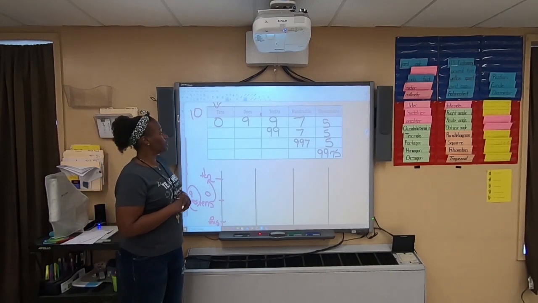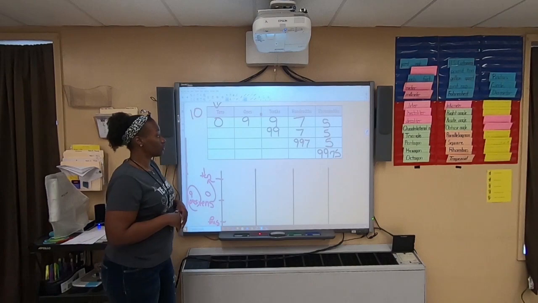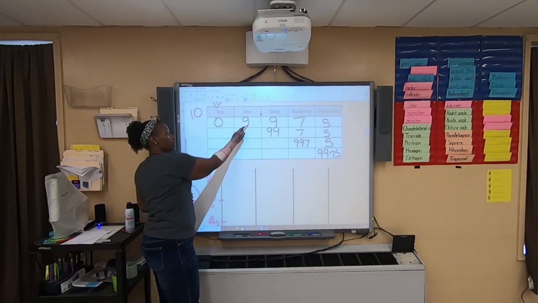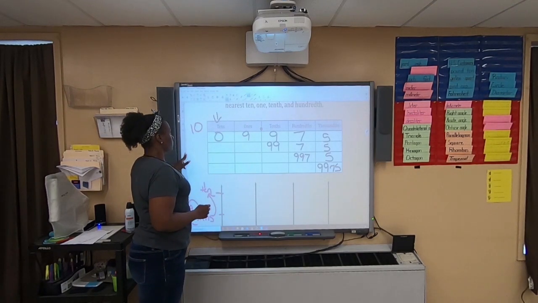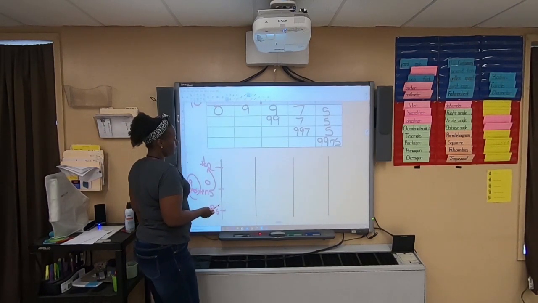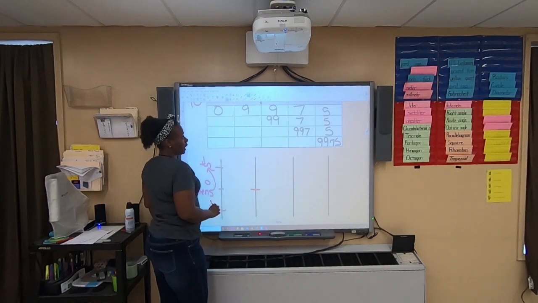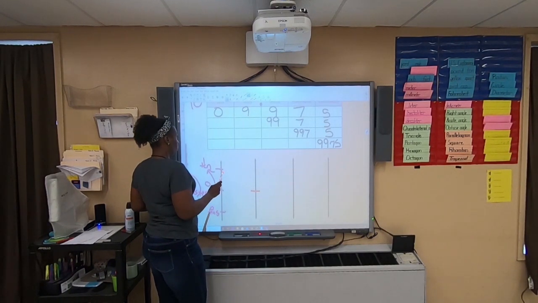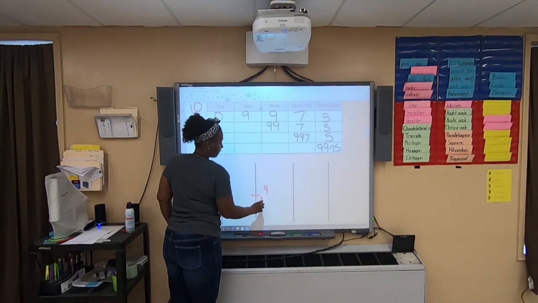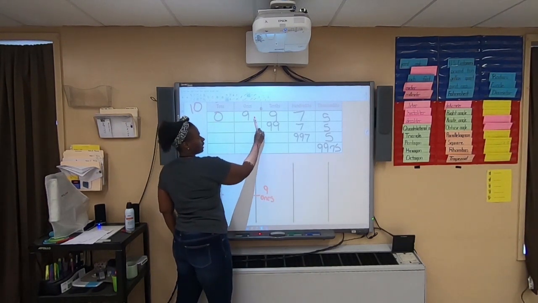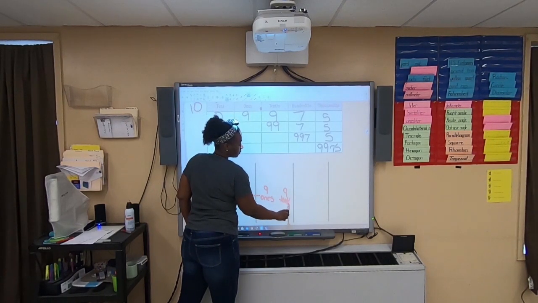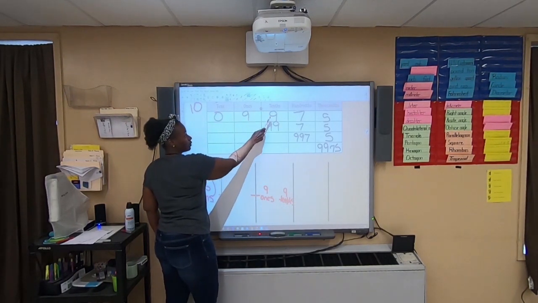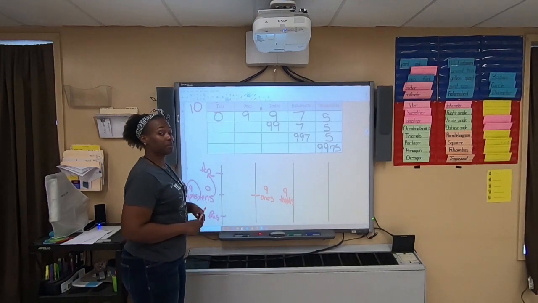Okay? The next one asks us to round to the ones place, which of course means we're going to start with the ones. So in the middle, I need the 9 ones. And of course, I need that extra unit, which is 9 tenths. So we've used our 9 ones, 9 tenths. Now for our options.